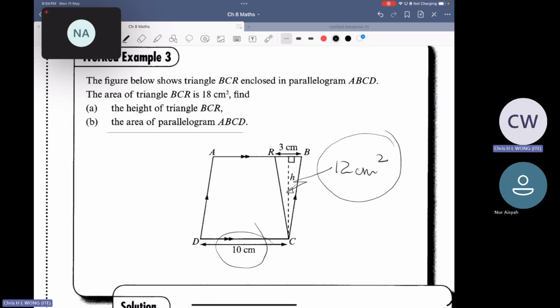Because they are related. So you find the height of the triangle, then you find the area of the parallelogram with base times height. If the height of the triangle is wrong, your area of the parallelogram will also be wrong. Very common.